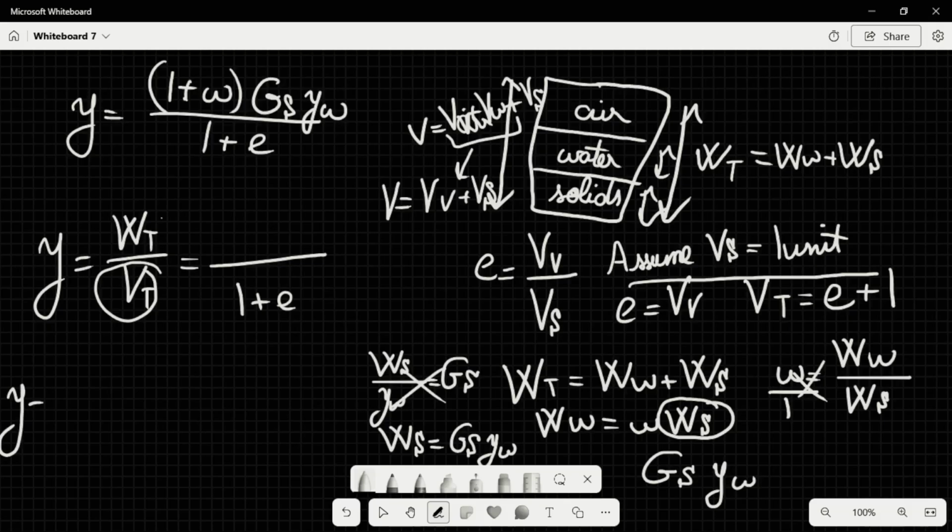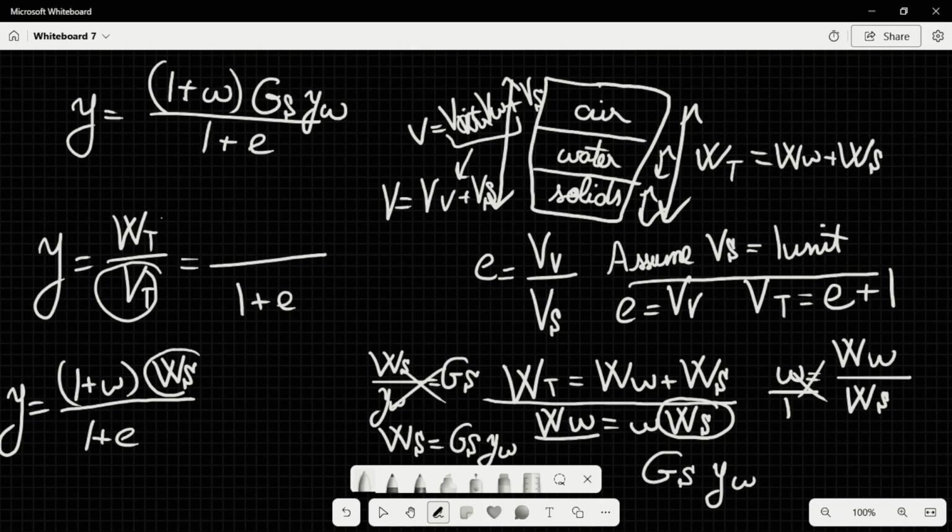The unit weight is equal to 1 plus omega times the weight of solids. Why? Because remember that the total weight is the weight of water plus the weight of solids, and the weight of water is simply omega times the weight of solids. So we can factor out the weight of solids to obtain 1 plus omega times the weight of solids over 1 plus the void ratio.